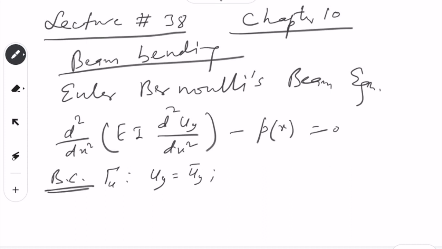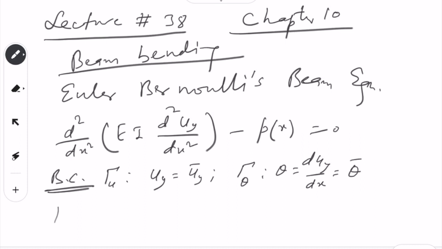Then there is a boundary, gamma theta, where theta equal to duy over dx equals theta bar is given.